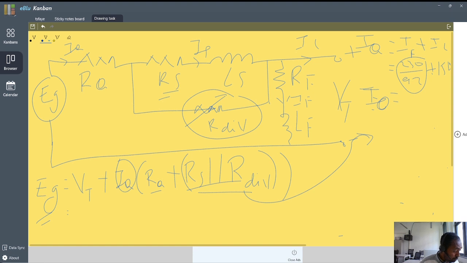It is 230 divided by 92, which is 2.5, plus 150. Therefore my IA is going to be 152.5 ampere. See, 152.5 ampere. Then back to this equation.